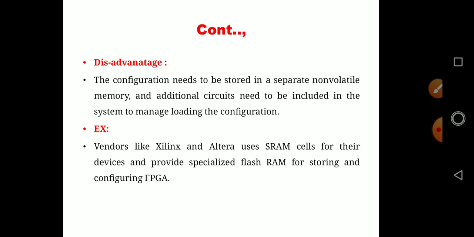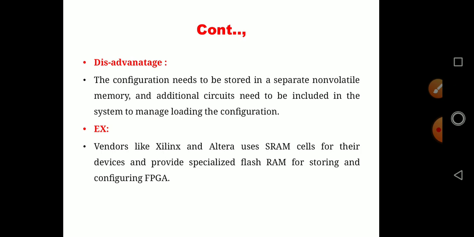Additional circuits are also required in the system to manage the loading of configurations. So these are the disadvantages. For example, the most popular vendors like Xilinx and Altera use SRAM cells for their devices. As I already mentioned, static RAM is used for the devices, but specialized flash memory is used for storing the FPGA configuration.